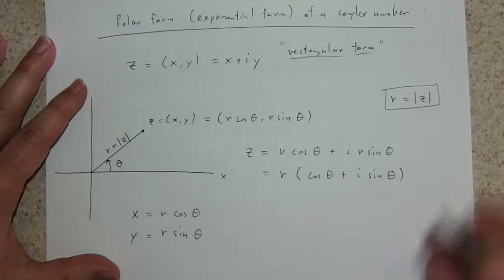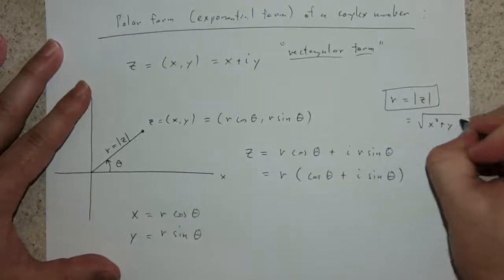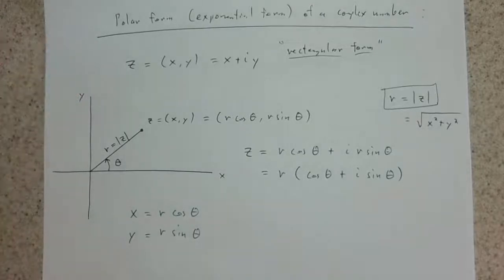Written in terms of x and y, of course, this is the square root of x squared plus y squared. And you might say, oh yes, that is exactly the relationship I remember between x, y, and r back when I first learned polar coordinates. This was actually one of the ways you found r in that case.